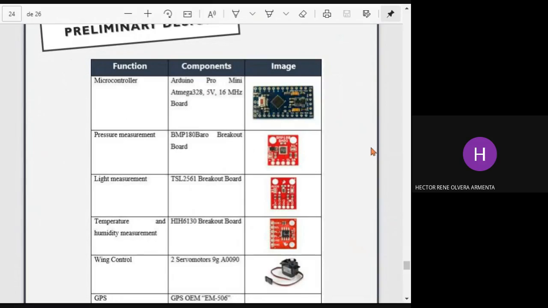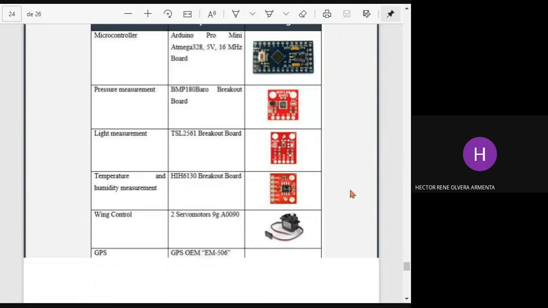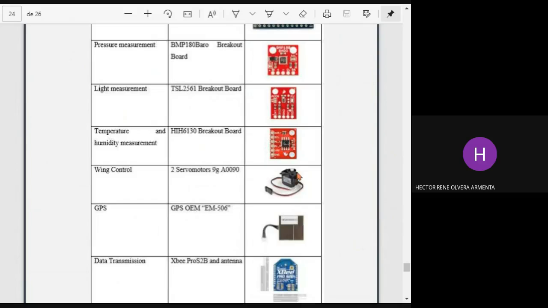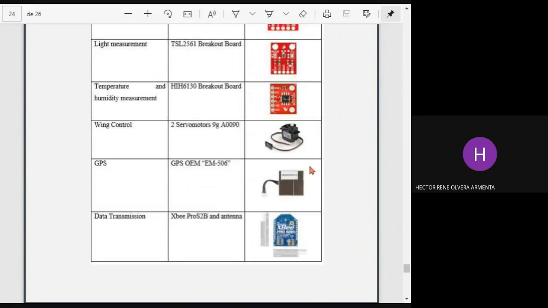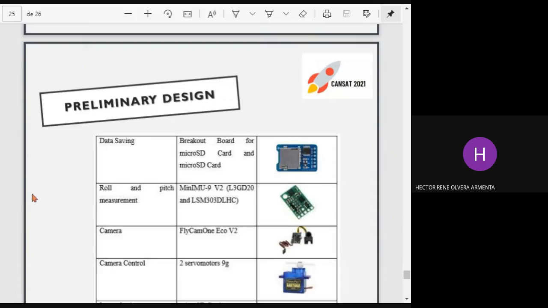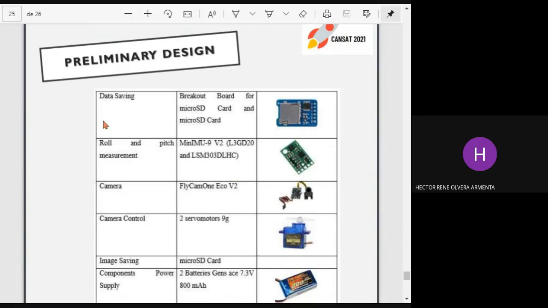The pressure measurement is a breakout board, light measurement, TSL2561, temperature and humidity, also here the servo motors, the GPS, the transmission of data, the XBee, data saving is in a micro SD card.